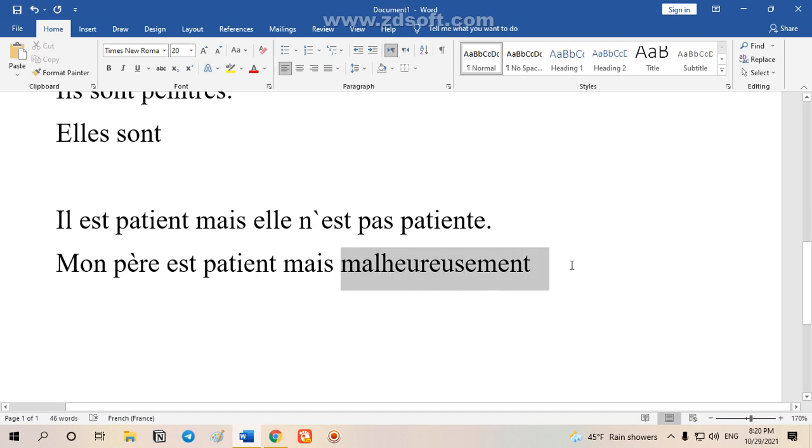This is a really long word, malheureusement, but you must know the pronunciation. Malheureusement means unfortunately.